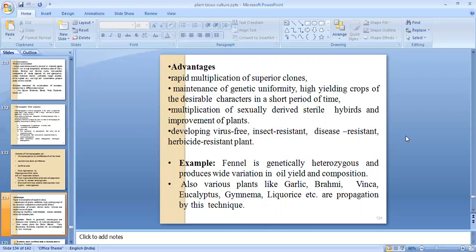And also we can maintain the multiplication of sexually derived sterile hybrids, and also improve the sexual characters of the plants. We can also develop virus-free, insect-resistant, disease-resistant or herbicide-resistant plants. In other words, the unwanted or undesirable characters can be removed by these micropropagation techniques.